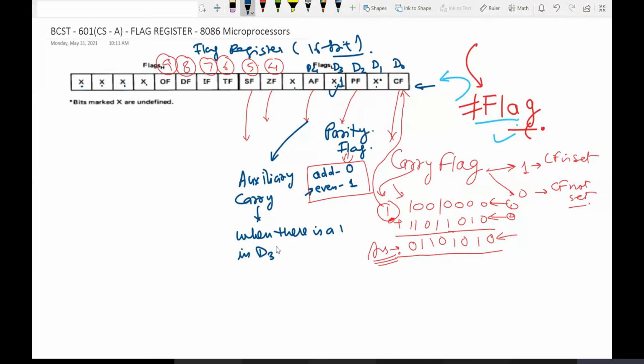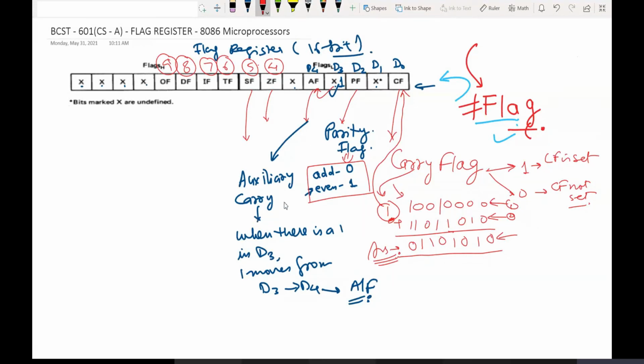Then this 1 moves from D3 to D4. And D4 is the auxiliary carry flag. So it only represents the movement of 1 from D3 to D4. That's it, nothing else. There is no complicated operation in the auxiliary carry flag.